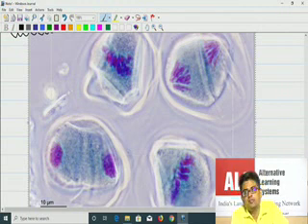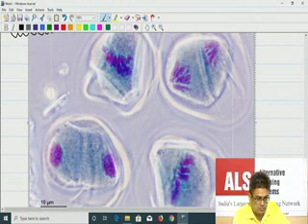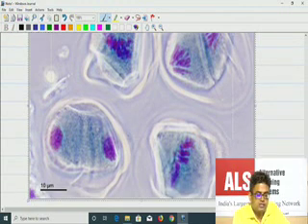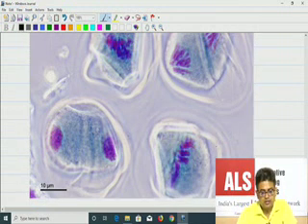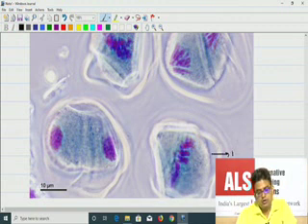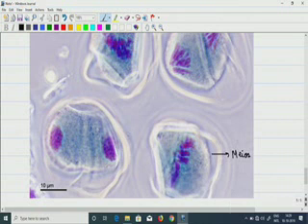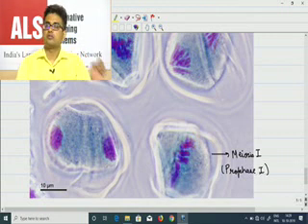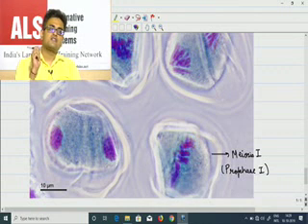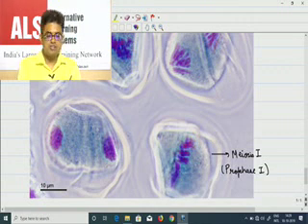The two cells on the top are undergoing meiosis 1. And this lower cell is undergoing meiosis 1, specifically prophase 1. The first stage of meiosis 1 is prophase 1.